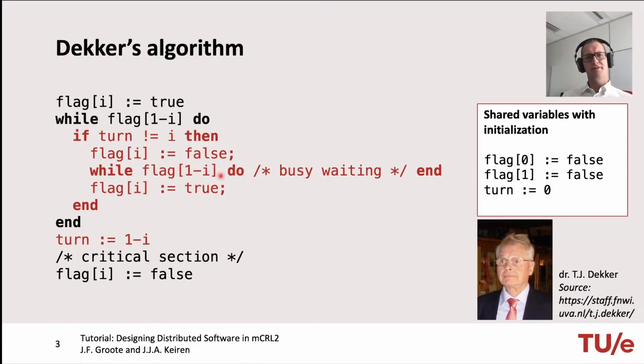The only reason for the flag of the other process to become false is because that process leaves the critical section. Now, once the flag of the other process becomes false, this process sets the flag to true. And hopefully, once it then checks the condition here, the flag of the other process is still false, and process I can break from the loop and enter the critical section.